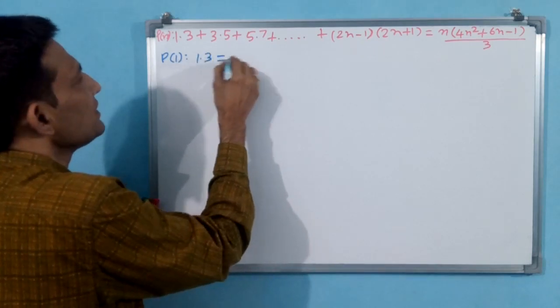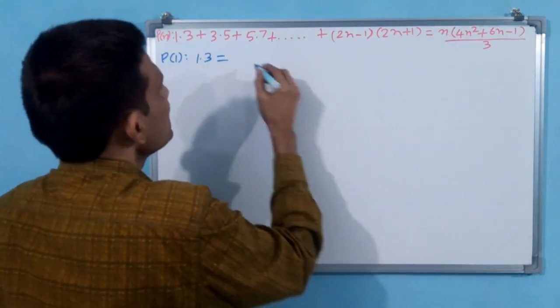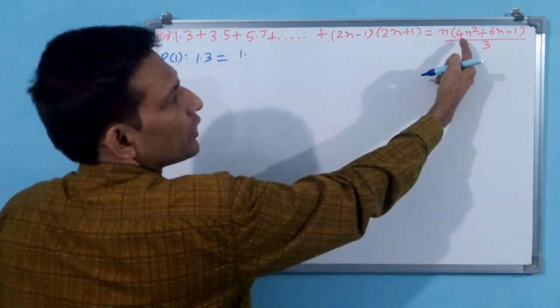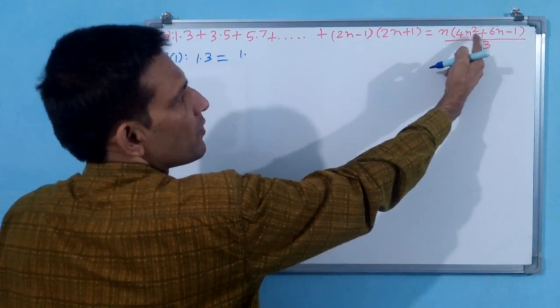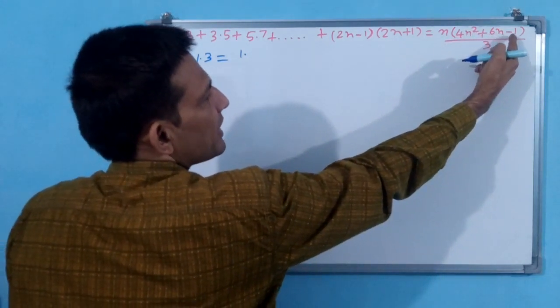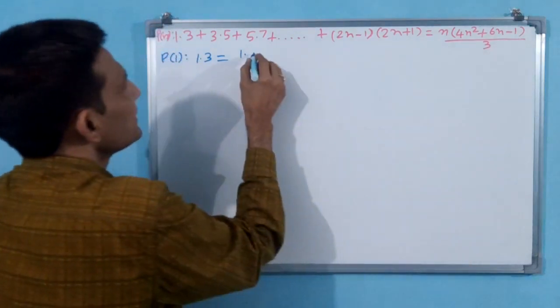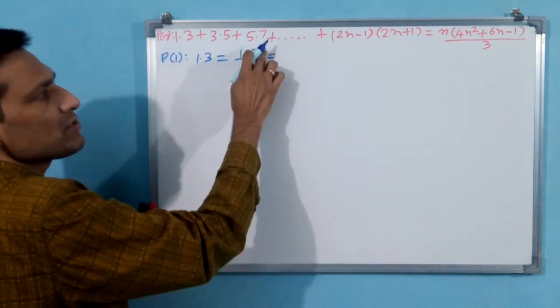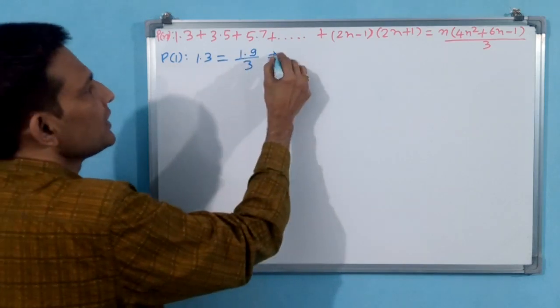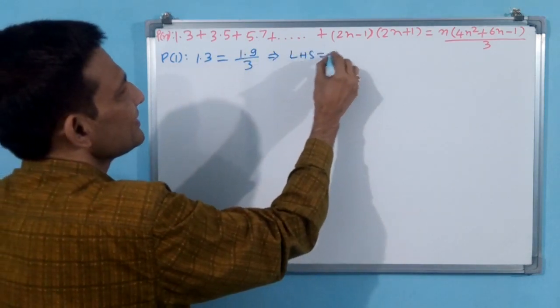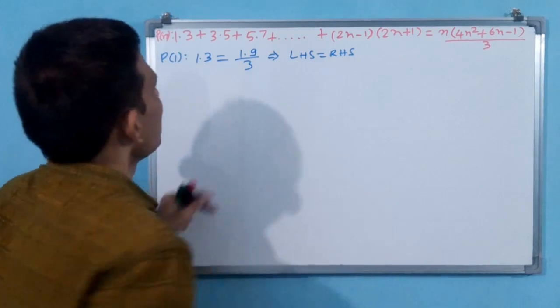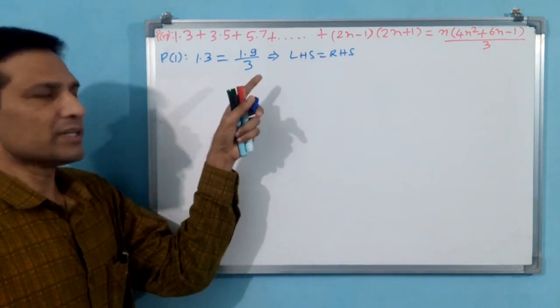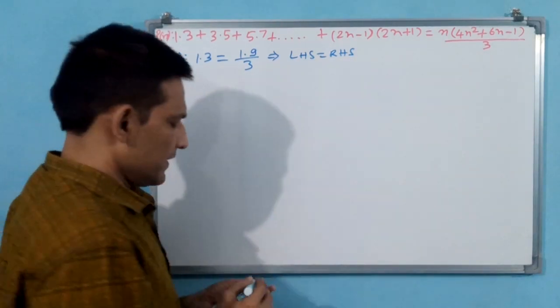That is equal to 1 into 4 into 1 square, 4 plus 6 minus 1, 10 minus 1, 9 by 3. That is equal to, 3 times it goes, 1 into 3. That means LHS is equal to RHS. I have not written 3. You can write 3.